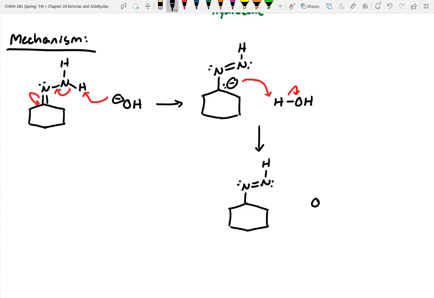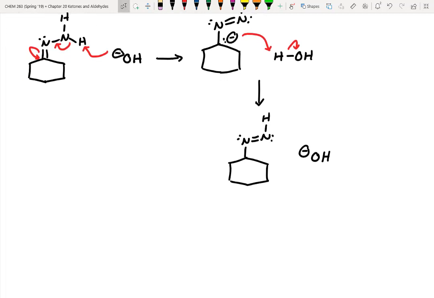All right, and now we have hydroxide floating around. It can do this one more time. So just like we saw before, most acidic proton would be right here. And in this next step, we're going to make a nitrogen-nitrogen triple bond, which is pretty cool. And then kick electrons down to the carbon.